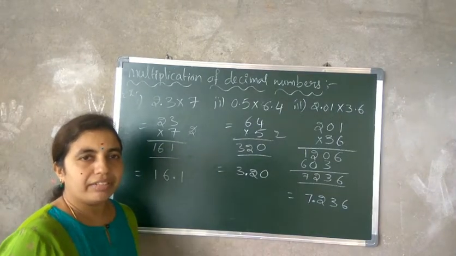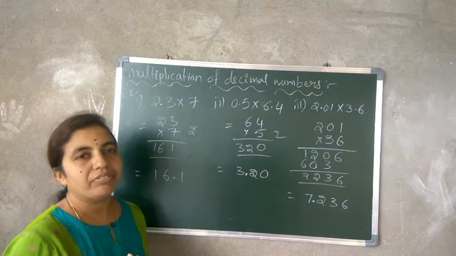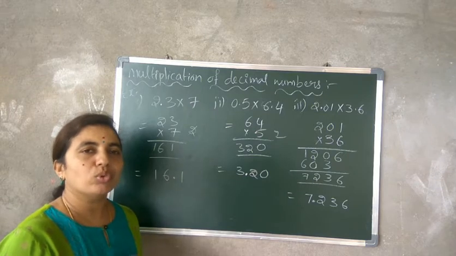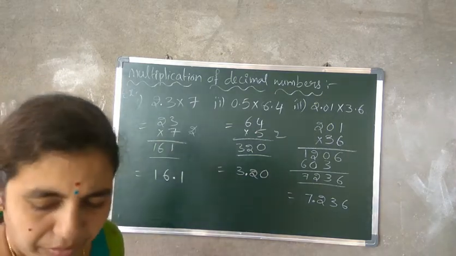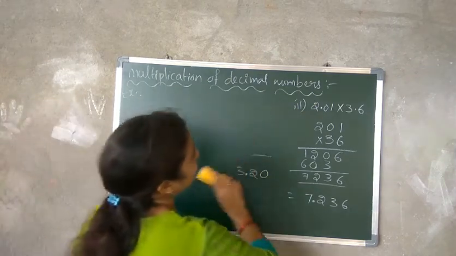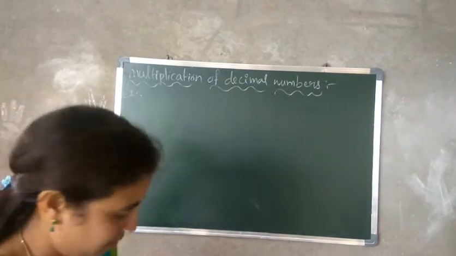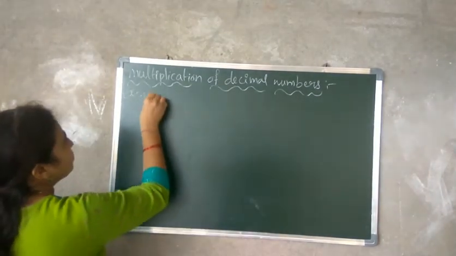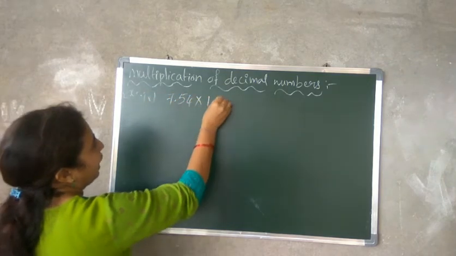And I have already said that if multiples of 10, 100, 1000 or 10,000 are given, we can do it directly. Multiplication with zeros is a very easy process. If it is given like this, 7.54 into 10.